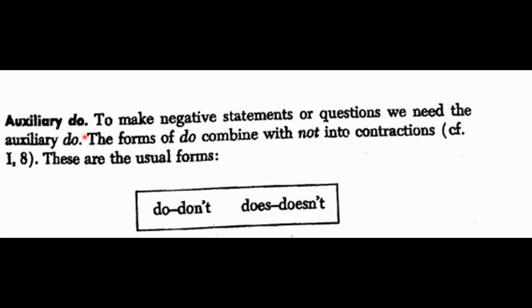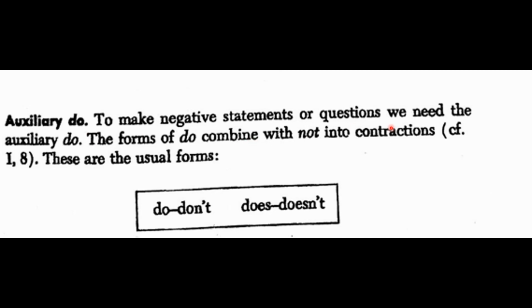Auxiliary do. We said that in order to make a yes/no question, we need to add or provide our sentence with an auxiliary, like is, are, when we are talking about the verb be.